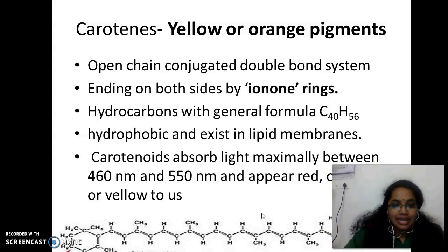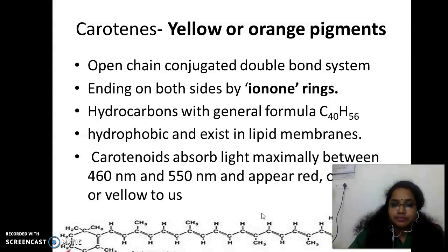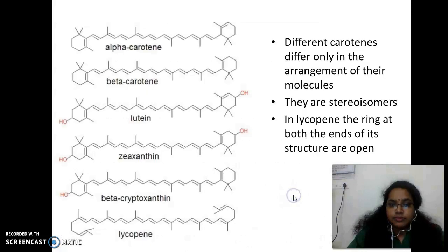In lycopene, which is the chief pigment in tomato fruit, the rings at both ends of its structure are open, not closed. The open rings are seen in lycopene. Carotenoids absorb light maximally between 460 nanometers and 550 nanometers and appear red, orange or yellow to us.